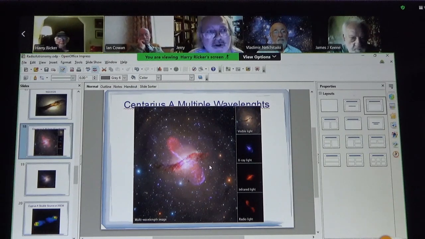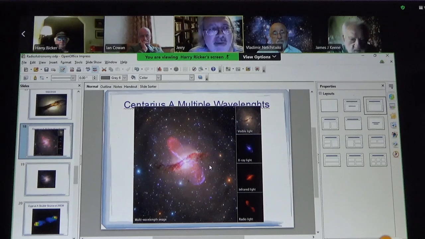So, does each area of the electromagnetic spectrum pick up something that all the others don't, or is it typical that more than one picks it up, for any given galaxy?